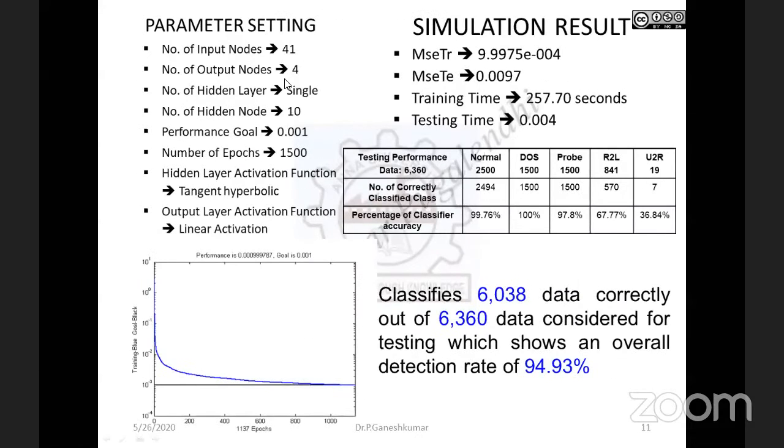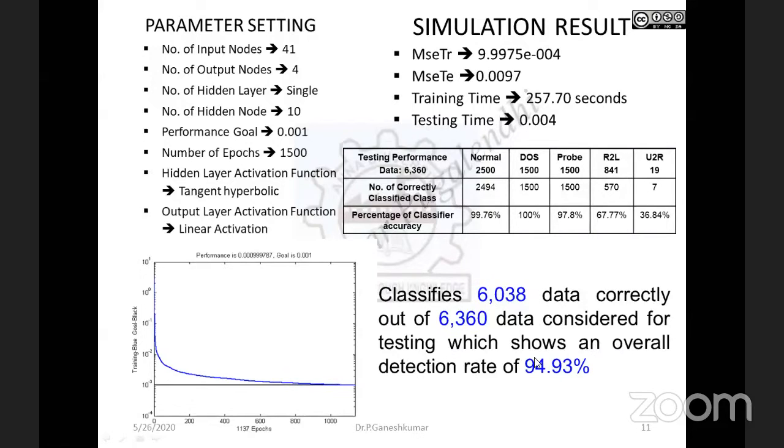This is the parameter setting. There are totally 41 input variables in the data, so 41 input nodes, 4 output nodes, a single hidden layer with 10 hidden nodes, the goal, number of epochs, the activation function of the hidden layer and the activation function of the output layer. Then the results: training error, testing error, and time, 257 seconds for training and 0.004 seconds for testing. Individually class-wise, 2,500 data were taken for normal, out of which 2,494 were classified correctly, and likewise for each class.